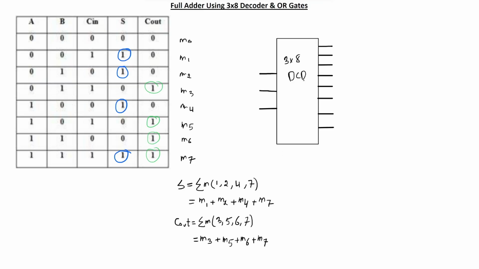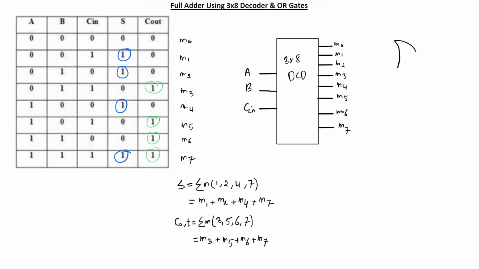So now for our decoder and OR gates, we have three inputs. Let these be A, B, and C in, and the outputs will be M0 through M7. Now we need the outputs, the sum and the carry out. We can use an OR gate with four inputs.